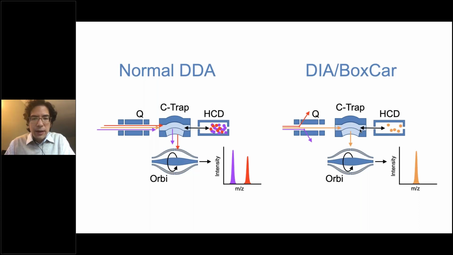With boxcar, the strategy is essentially just to collect very accurate precursor signals and use that for detection and quantitation. DIA is essentially the same sort of strategy, where you're using the quadrupole as a filter to accumulate different precursor ranges. The only difference is that you get fragment ions associated with that peptide, and you can use those fragment ions for quantification.